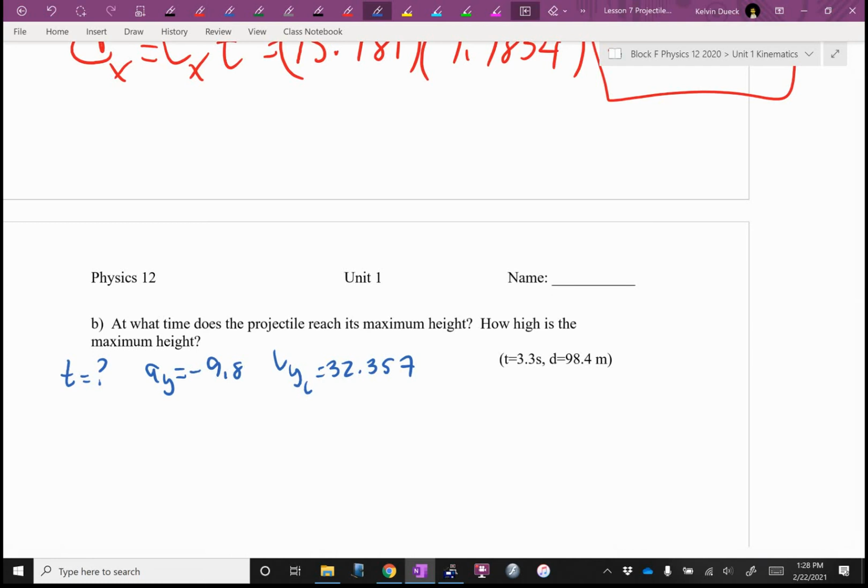You are correct. I'm glad you were so careful. Good. Vy final is 0 at the top. In fact, overall V at the top is just whatever Vx was.